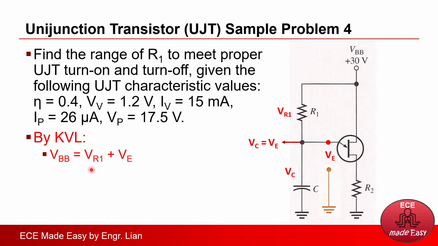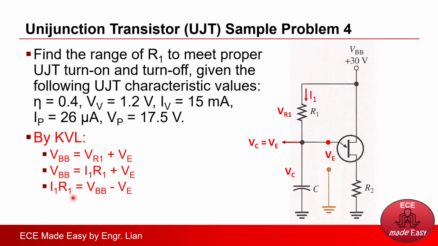Since we are concerned with the value of R1, we must replace VR1 by Ohm's law using I1 times R1. The equation becomes VBB equals I1 R1 plus VE. Now, if we want to derive R1, we must move VE to the other side of the equation. That becomes I1 R1 is equal to VBB minus VE.